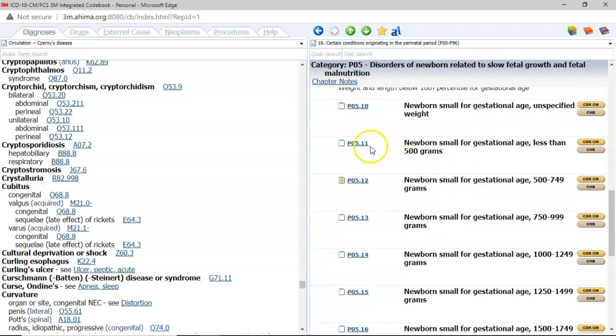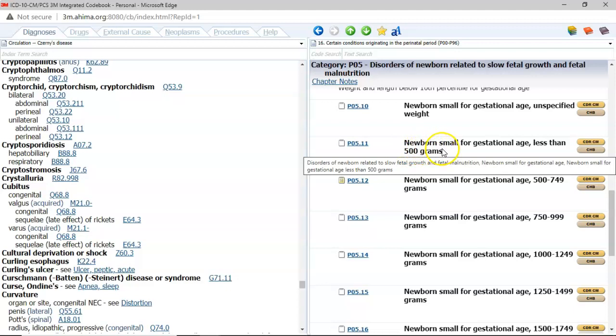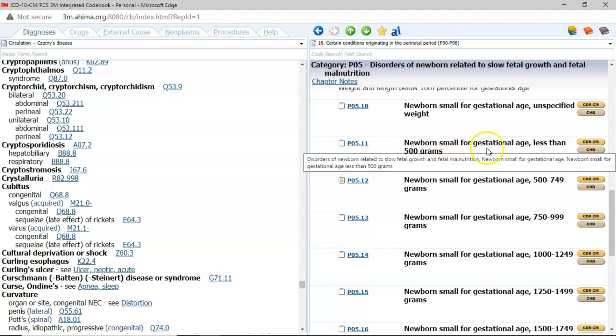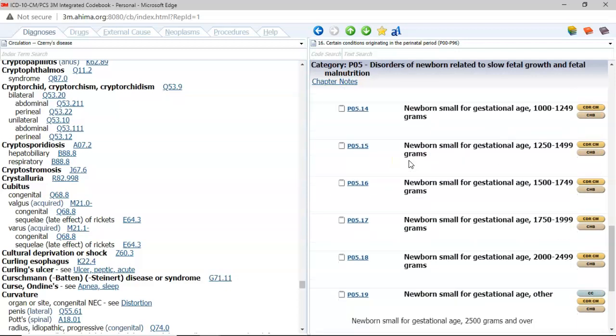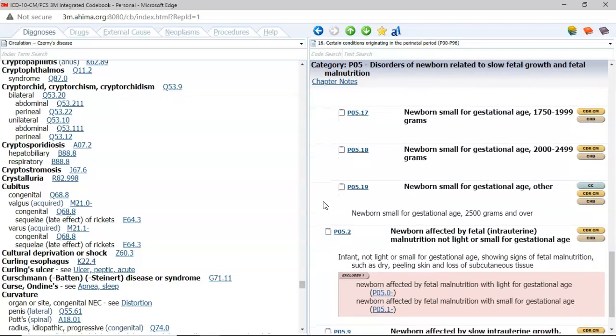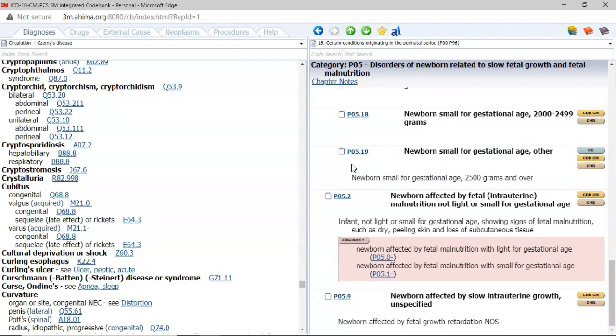And again, when we look at the description of these codes, newborn small for gestational age, less than, and then it has the particular weight. So you would be looking for documentation that this newborn was small for their gestational age. You'd be pulling out the grams, and then the code you assign would be from this category based on that gestational weight.